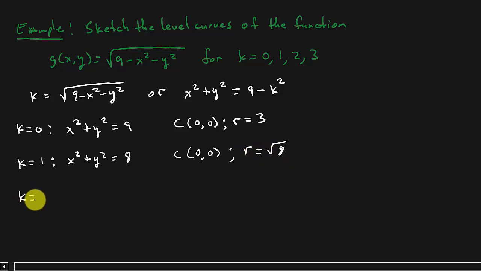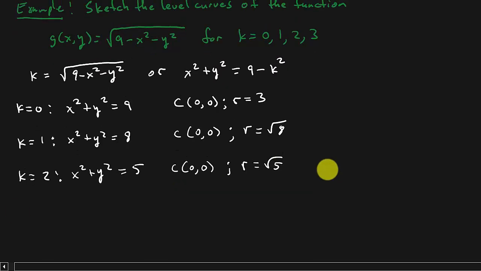And then I've got k equals 2. So I've got x squared plus y squared. So that's 2. K is 2. So 9 minus 4 is 5. So that's center 0, 0. And that is going to have a radius of square root of 5. And then I have k equals 3.